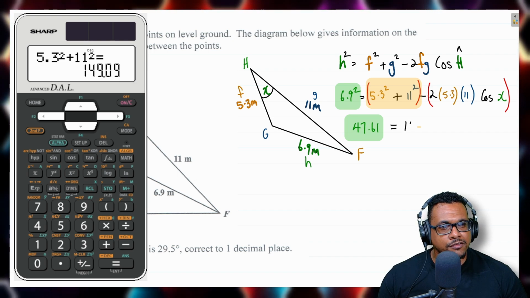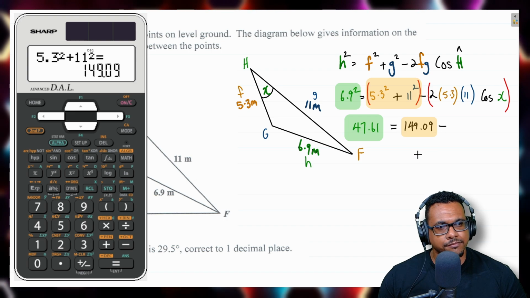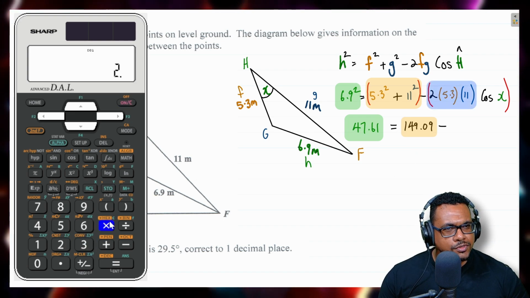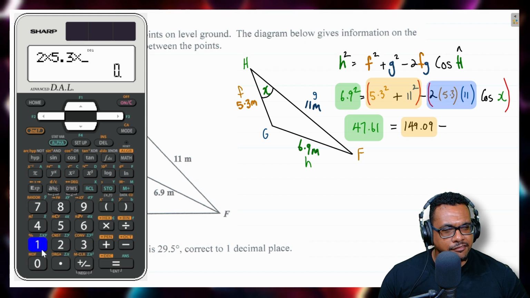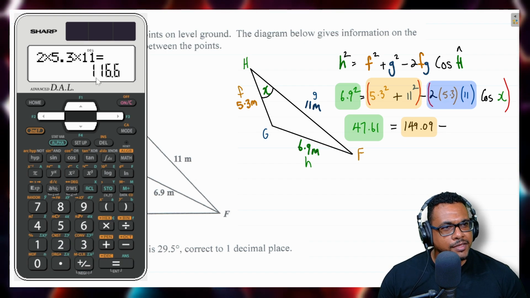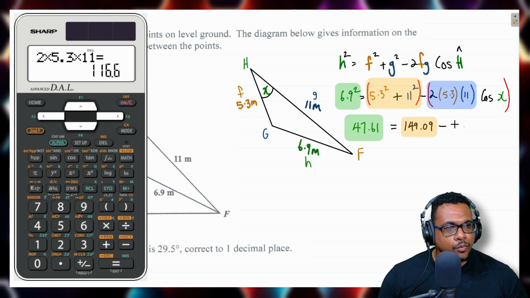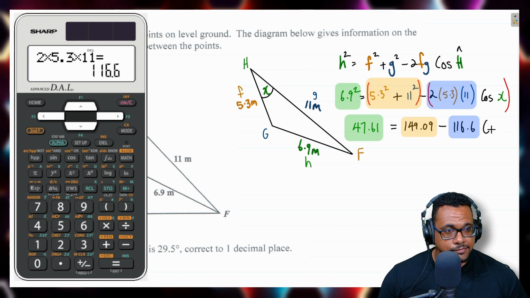So we have 149.09 take away, and then we're going to work out 2 times 5.3 times 11. Okay, and we get 116.6. So that's going to be 116.6 and then the cosine x.